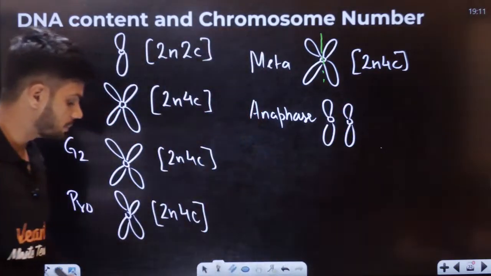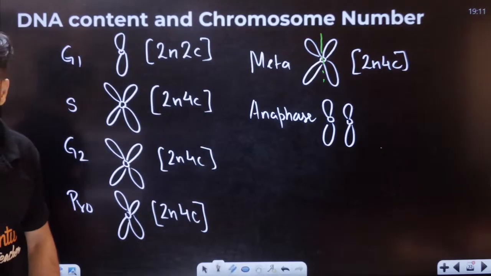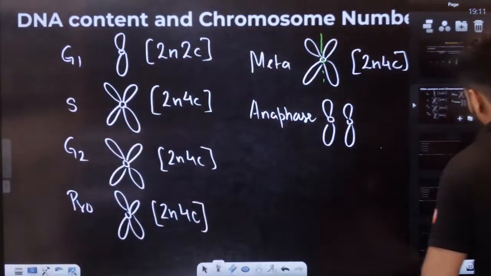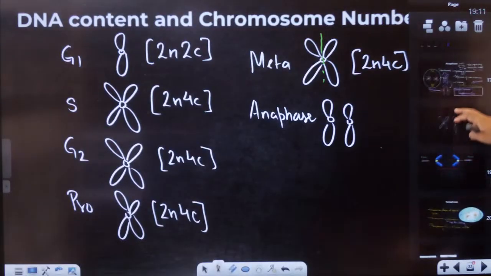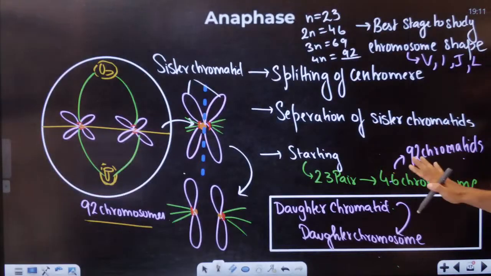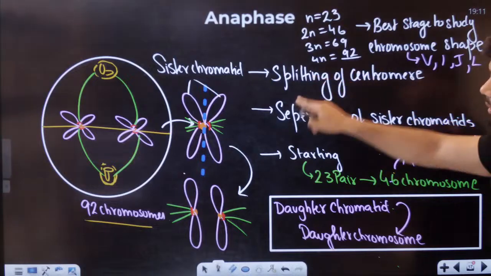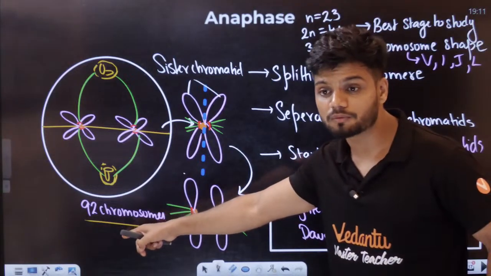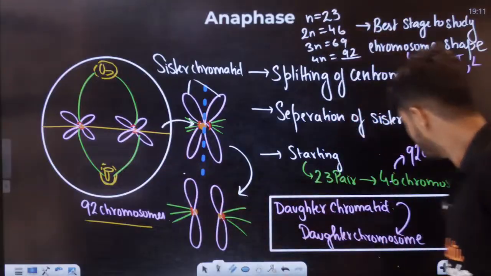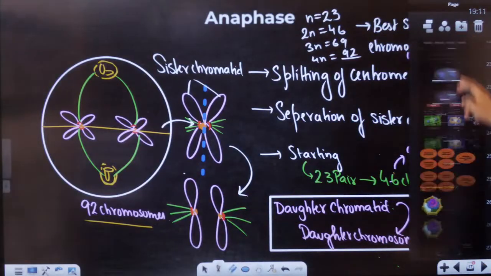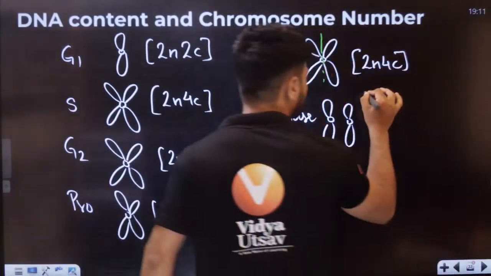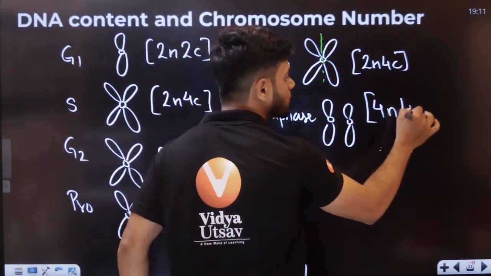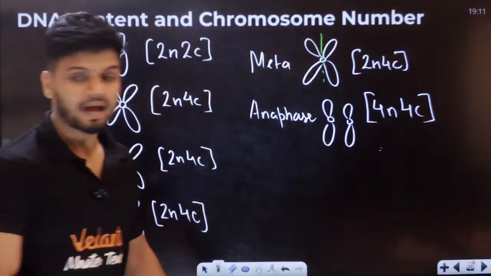Didn't I tell you, temporarily it is in tetraploid condition because it has 92 chromosomes. So we have 4N and 4C condition in anaphase.